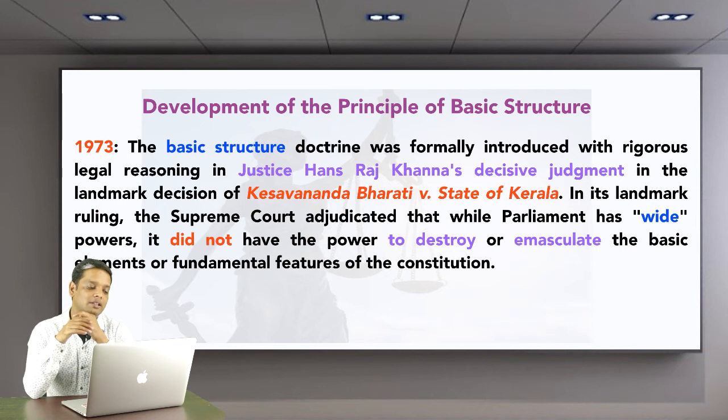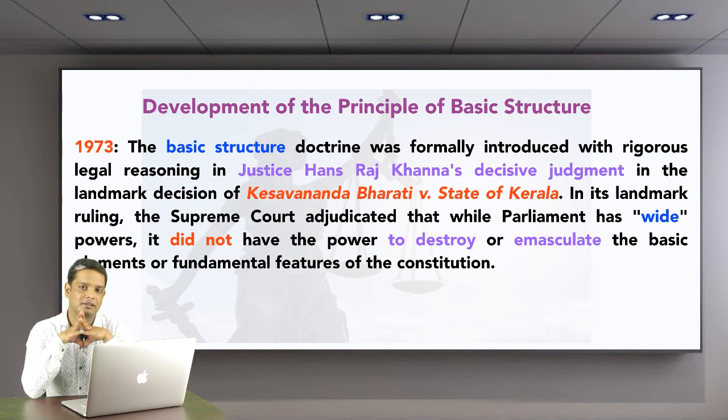In its landmark ruling, the Supreme Court held that while Parliament has wide powers, focus on this term, it did not have the power to destroy or emasculate the basic elements of fundamental rights or fundamental features of the Constitution. This is how the concept of basic structure evolved through the cases.